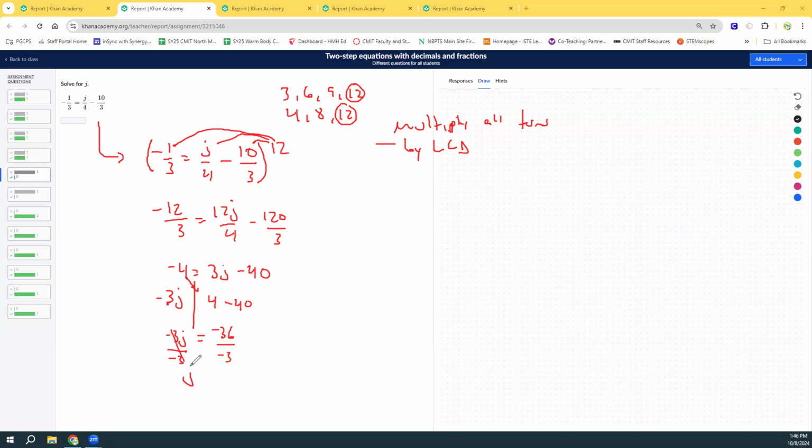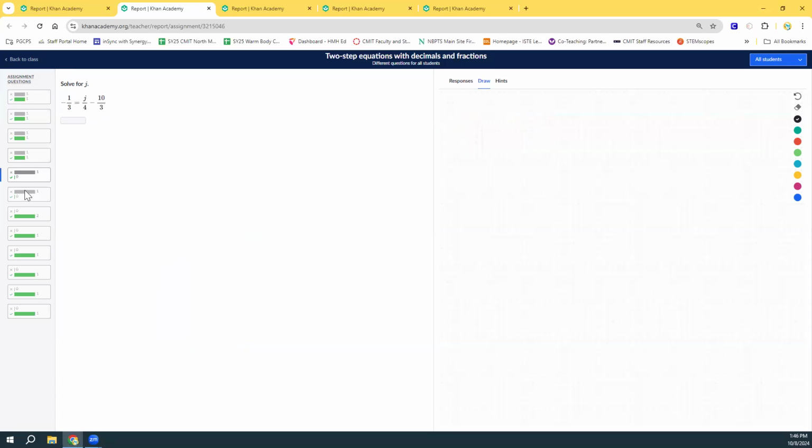And that would be 12. Circle the answer. Okay, so that is what to do with fractions. You have those multiplied by the LCD, you get to go. Again, we have the distribution being, well, only one person did this, but they didn't get it right. So let's talk about it. I'm going to rewrite the equation.